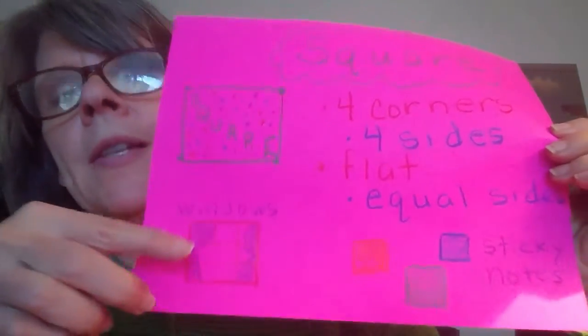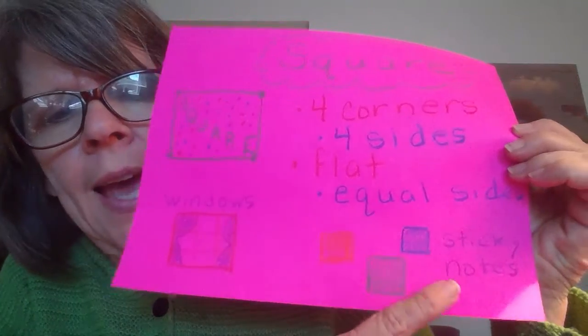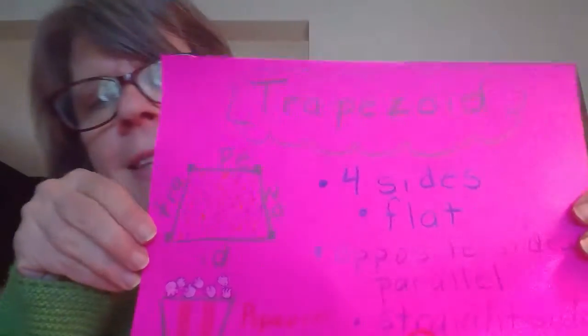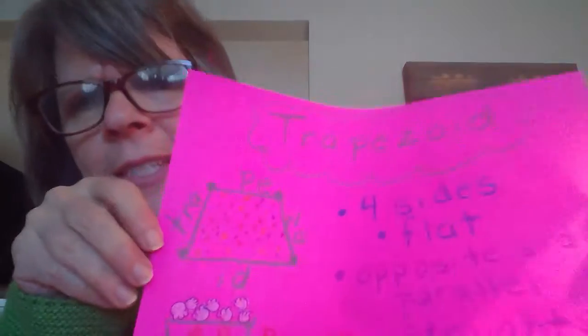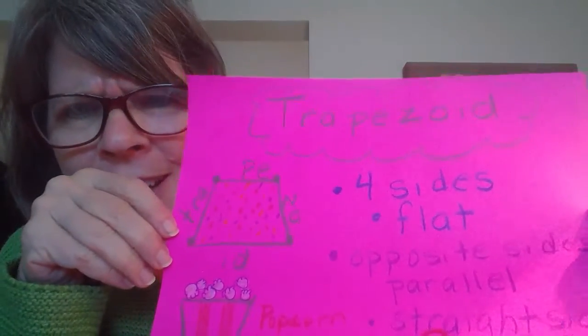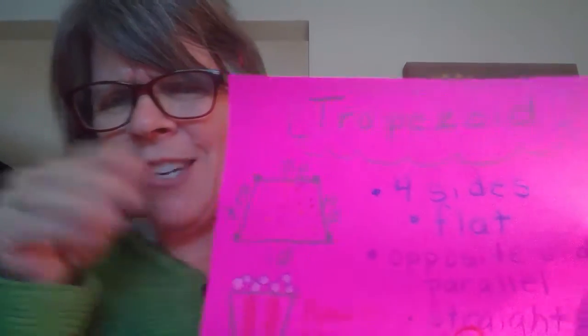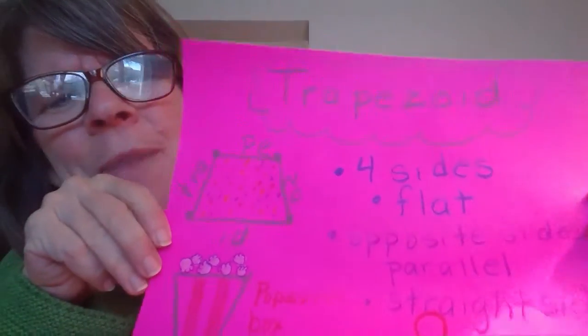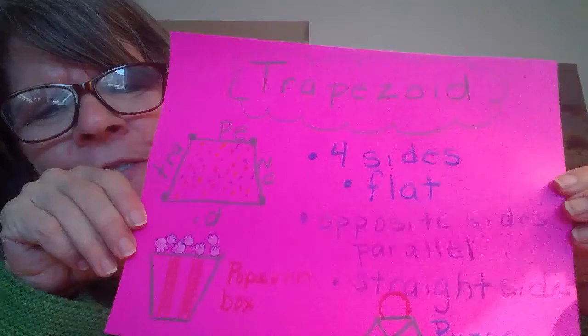So many of our windows are squares, and sticky notes are squares. The next one is trapezoid. That's kind of a cool name. It kind of sounds like trapeze artist, right? Trapeze, that swing in the circus. Anyway, trapezoid. Four sides, flat.